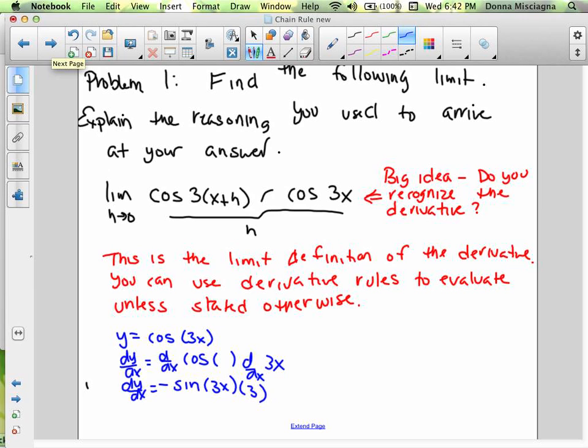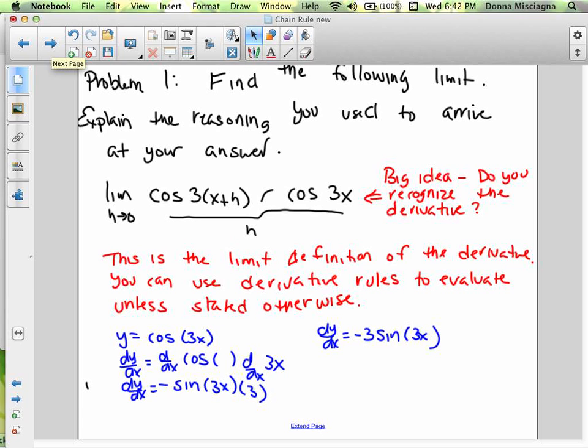So dy dx equals negative 3 sine 3x. And there we go. I am fine for you to do that. I am not expecting you to use the limit definition on a problem like this.